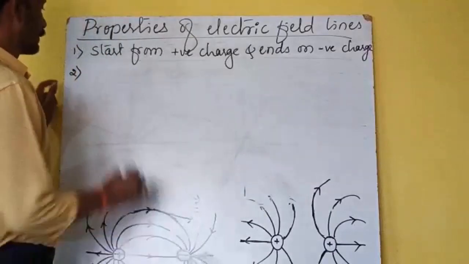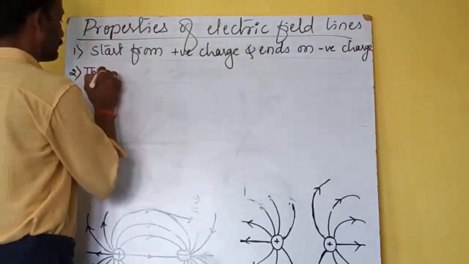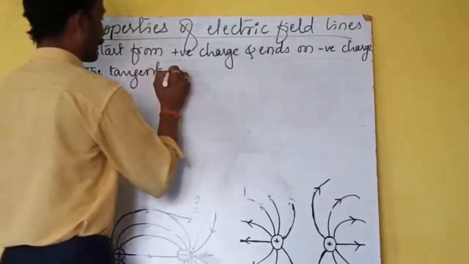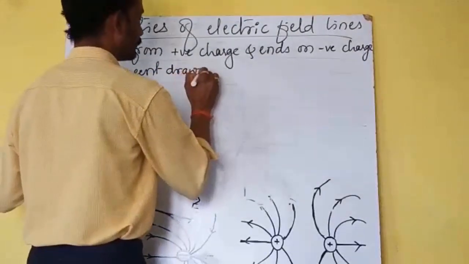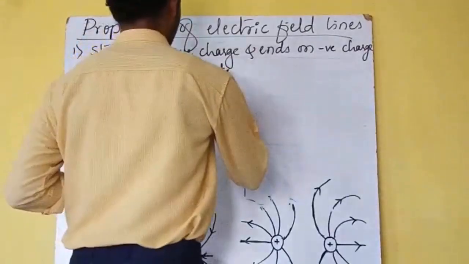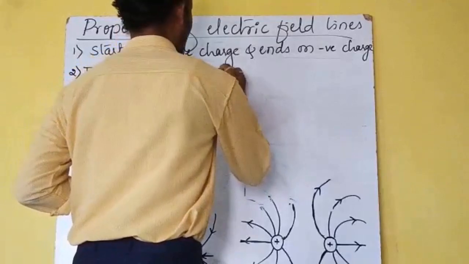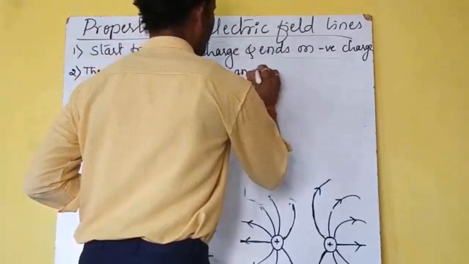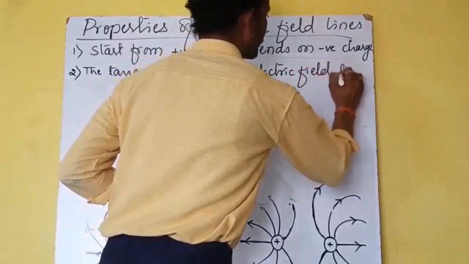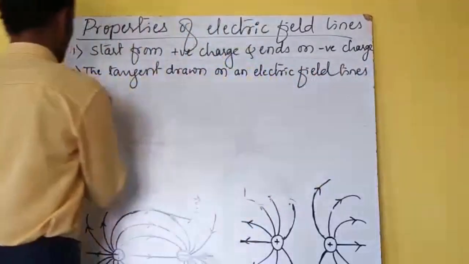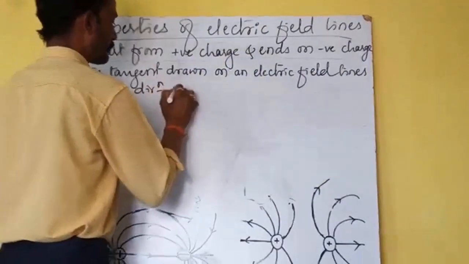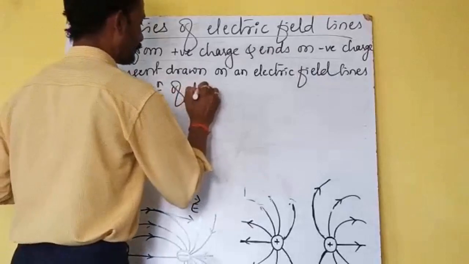Therefore the tangent drawn on an electric field line gives the direction of the electric field.